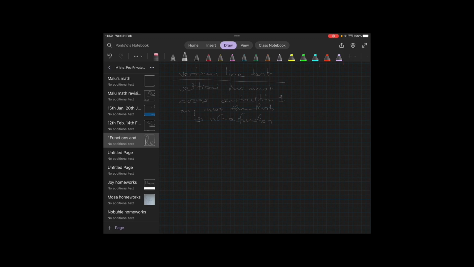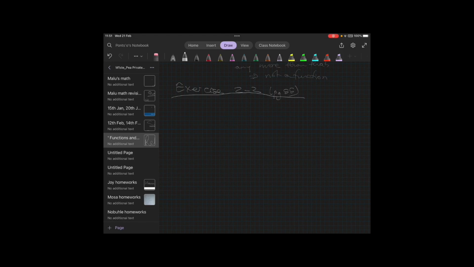Yeah. So let's quickly do exercise 2.2 to see whether or not the graphs that are given are functions or not. So I'll just make the exercise 2.2 on page 55.